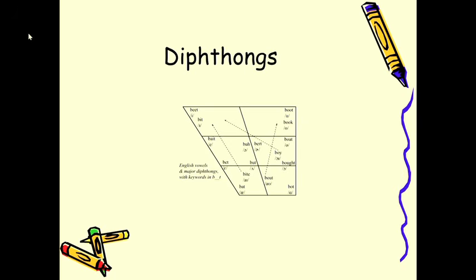Let's look at the diphthongs of RP and see how these diphthongs are pronounced differently by Indian speakers of English and why they sound different. So let's come to diphthongs.